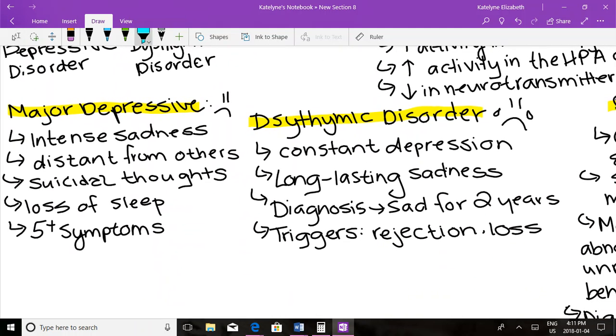Some of the characteristics a person with major depressive disorder might have are intense sadness. They are usually distant from others. They may have suicidal thoughts or possibly even attempts.